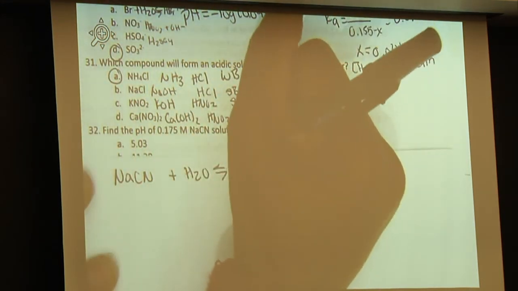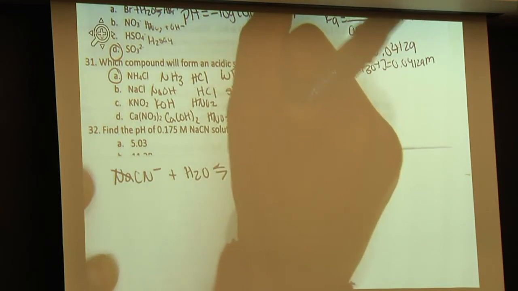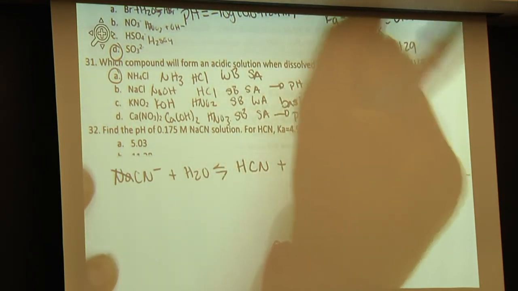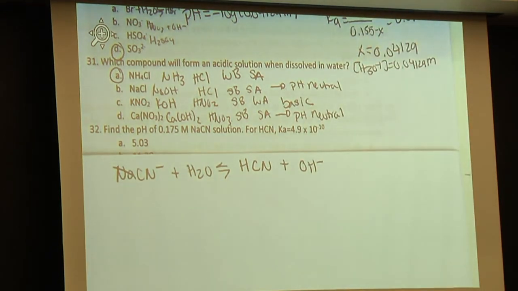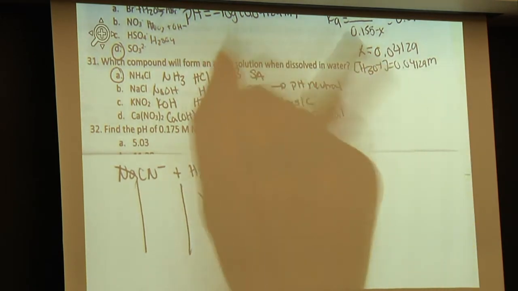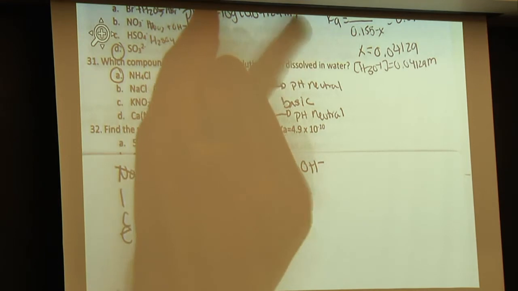And that's going to create CN minus plus water would create HCN and OH minus. And we know Na plus is a spectator ion, so we can just cross it out and you'll be left with CN minus. So then we're going to do an ice table. And you have 0.175 molar for this.